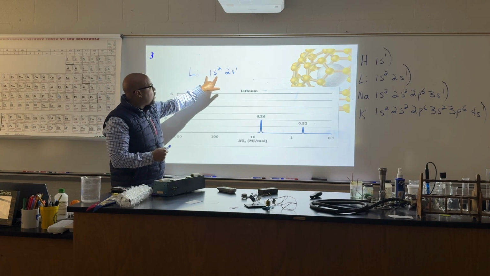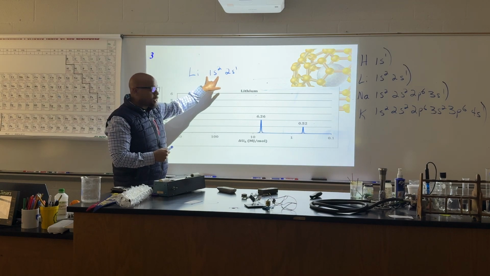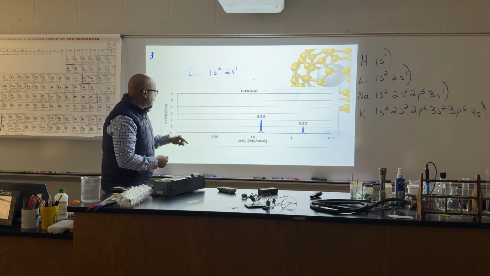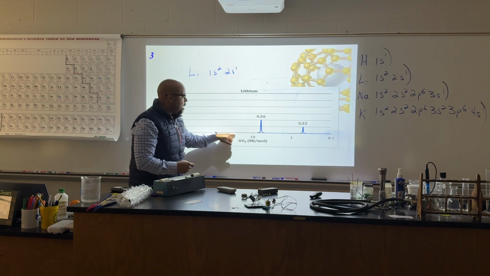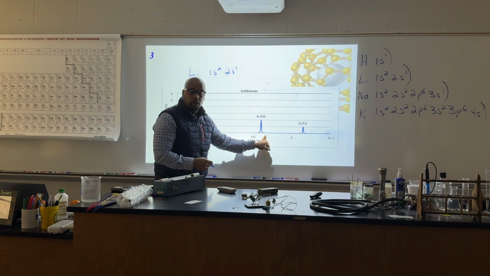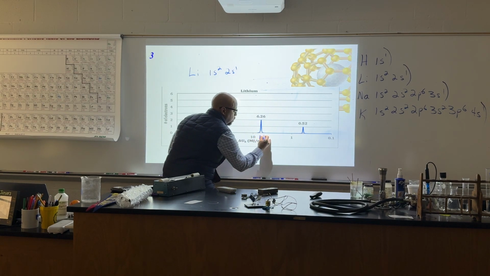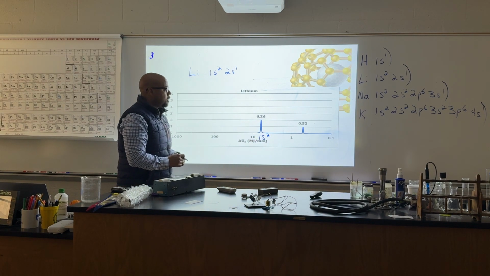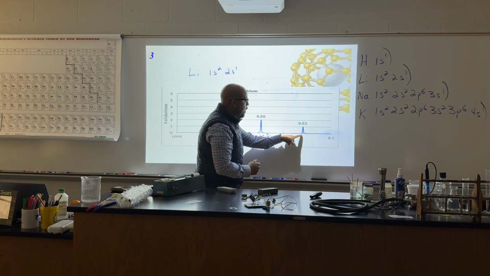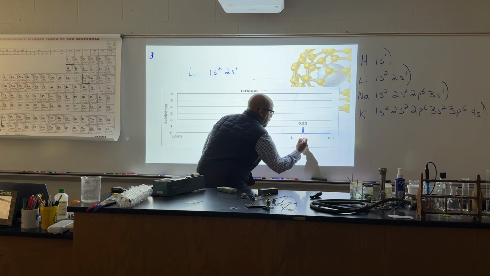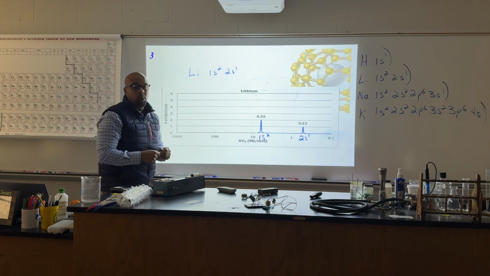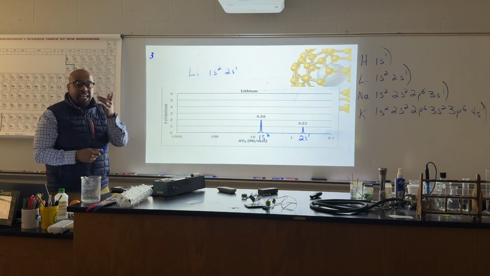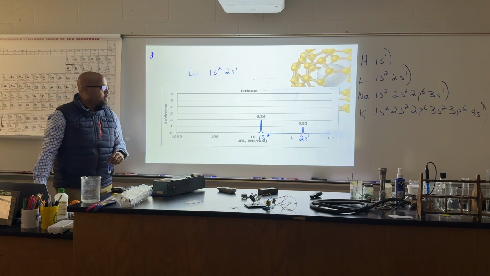The ones that take the greatest amount of energy are the electrons that are closest to the nucleus. And one of the things you'll notice is that, hey, I got 2 electrons right here. That means this represents 1s2. As I go down, I'm going to say, oh, that's just 1 electron right there, so that's going to be 2s1. So 1s2, 2s1. I'm going to start identifying each and every one of these peaks in this case.